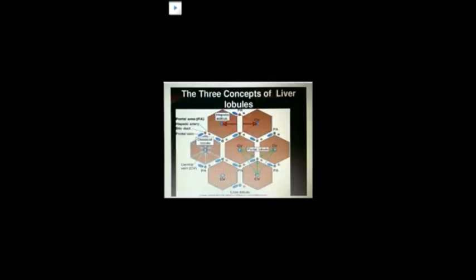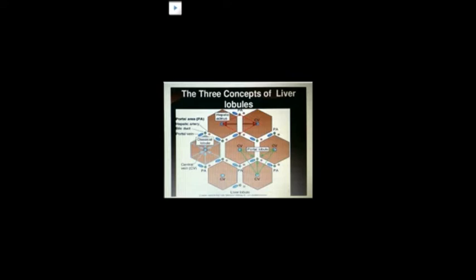This is the diagrammatic representation of the hepatic sinusoids between the central veins, the classical lobule being at the center of the lobule, and then the portal lobule connecting the three central veins of three hexagonal lobules.